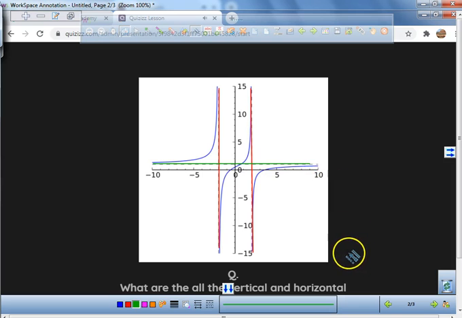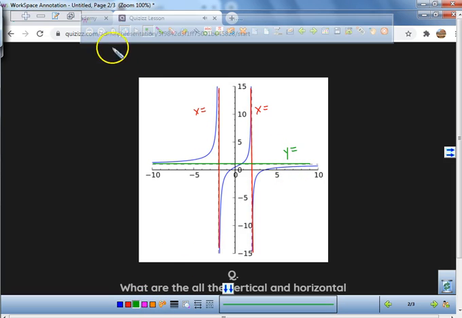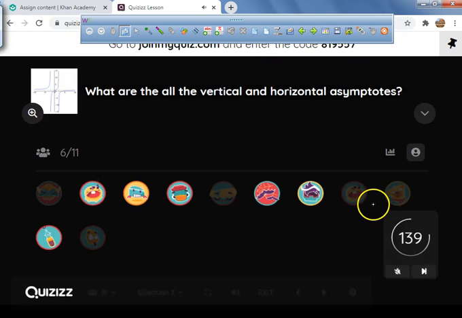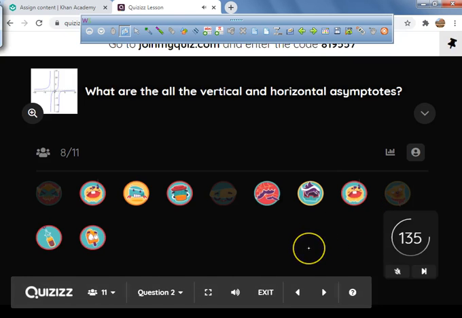You can look at it on your screen. Vertical and horizontal.